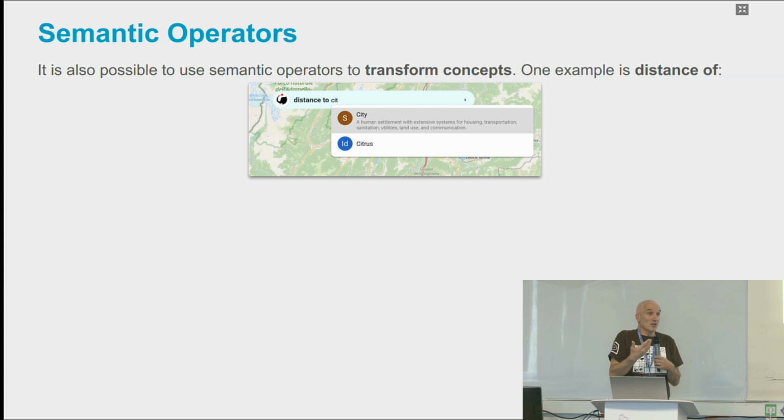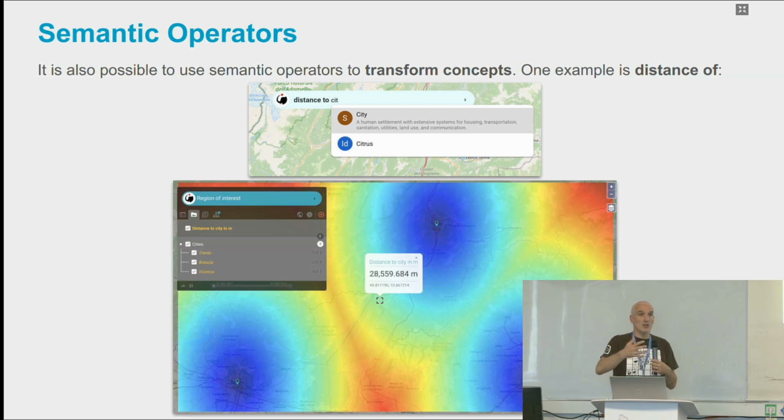Okay, you can also add semantic operators. Semantic operators are those that transform concepts. So you could say distance to city, which is a subject, and once you run this, it will generate a data flow that observes in every pixel of the map the distance to the nearest city.